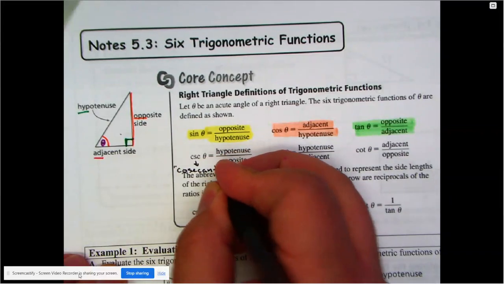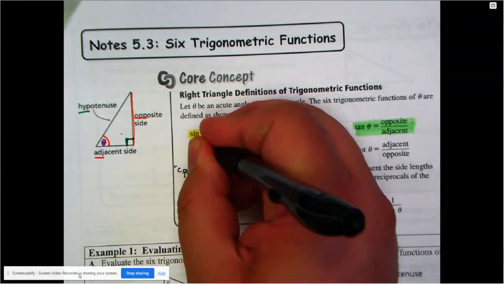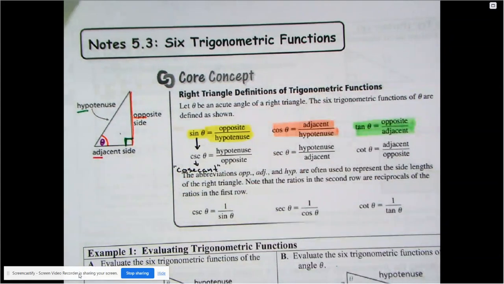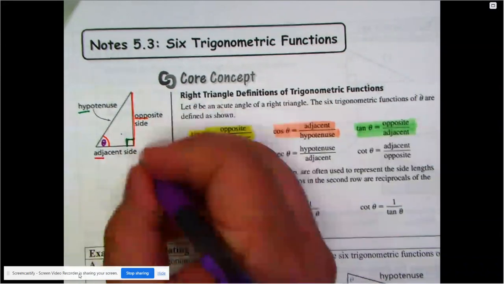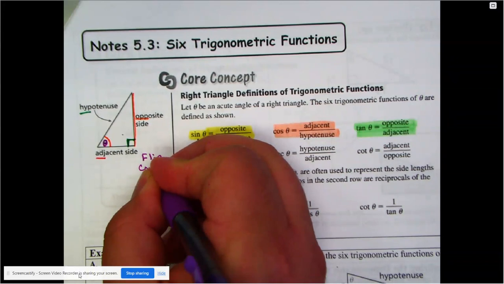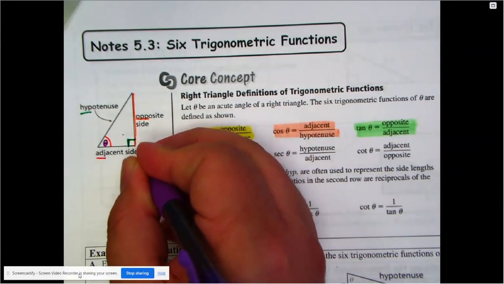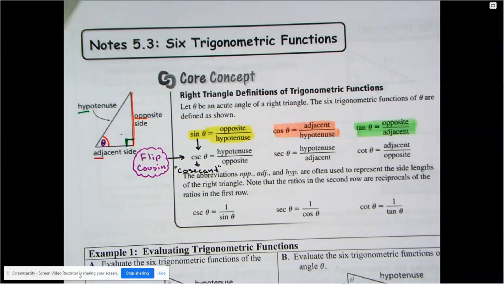Now, I like to call all these three new ones the flip cousins. I'm going to show you why I like to call them the flip cousins here. So sine is related to cosecant, and cosecant is what I've just called the flip cousin of sine. So cosecant and sine are related, and here's the reason.